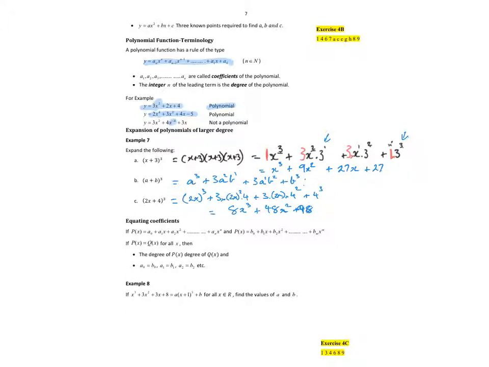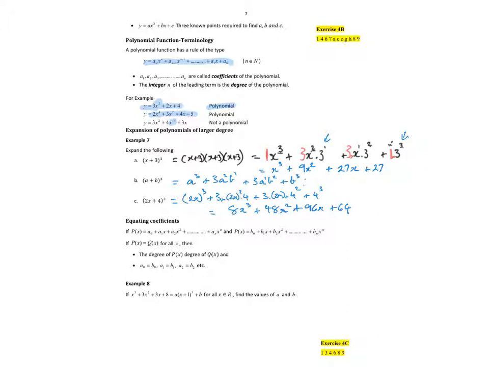Oops, better rub that out. So it's going to be plus 96, isn't it? Plus 4 squared is 16 times 3 times 2 is 96x, and 4 cubed is 16 by 4, which is 64. Okay.